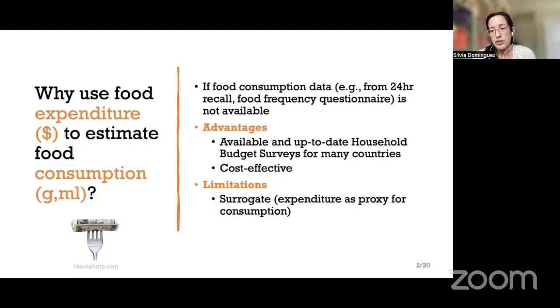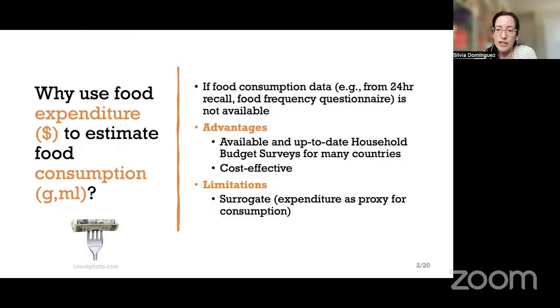Also, even if there are some countries that do have this type of data because they have conducted national food consumption surveys, for example, the data is not necessarily publicly available in its raw state. What you would find often is aggregated data, for example, mean consumption for the whole population, and that's not really what we're looking for when we do probabilistic risk assessment specifically.